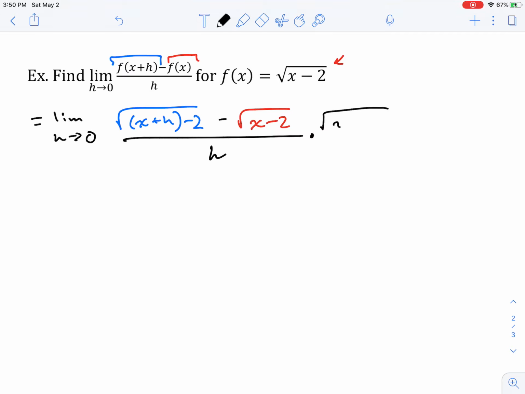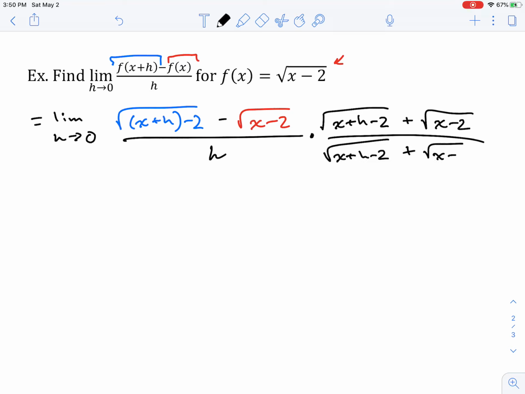So again, hang with me, it's a bit of writing, but the square root of x plus h minus 2, this time plus the square root of x minus 2. That's the conjugate of the entire numerator. And this is going to help me negate a lot of these radicals. And here we go.